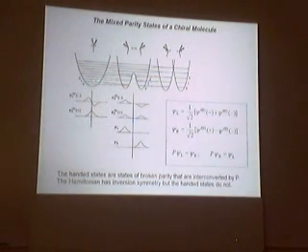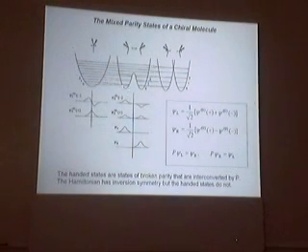These even and odd parity states start to coalesce in the bottoms of the wells, and the definite parity states, the even parity state and the odd parity state, embrace both wells. The particle you can't localize in either well.